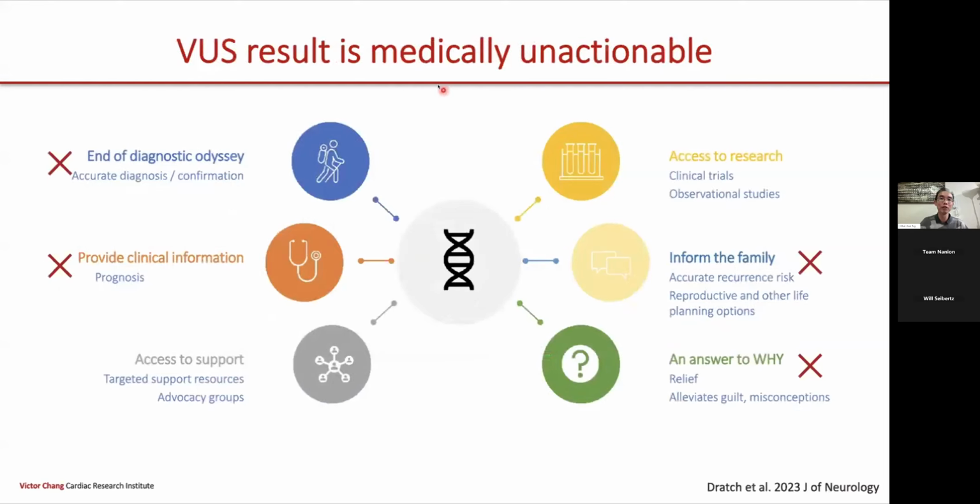So if you have a VUS result, it's medically unactionable, meaning you can't use it for clinical decision making. The first thing is VUS is not a diagnostic test result, meaning you can't confirm or deny what the variant is after the testing, which sort of defeats the purpose of doing a genetic test in the first place, because you want to identify a gene known to cause your condition, and a variant hopefully is a likely pathogenic.